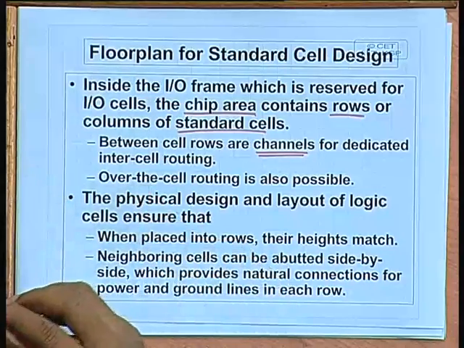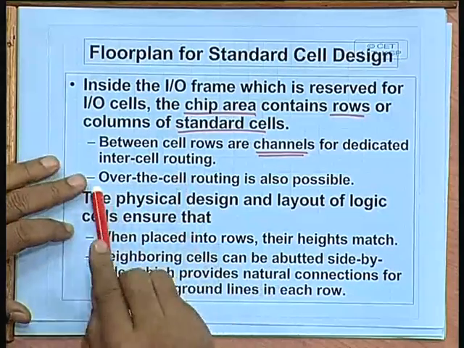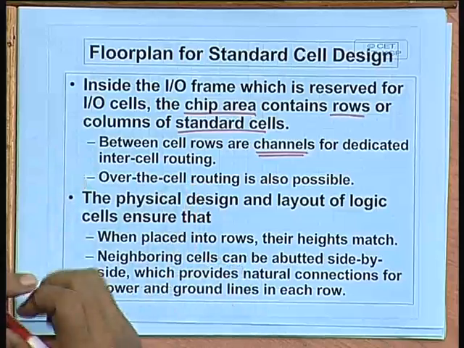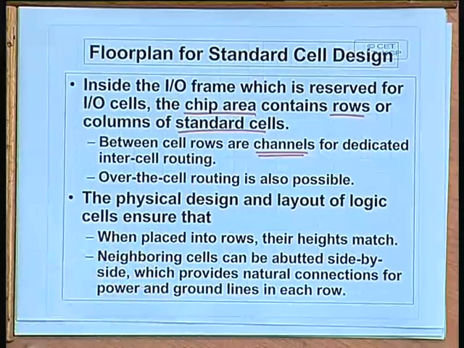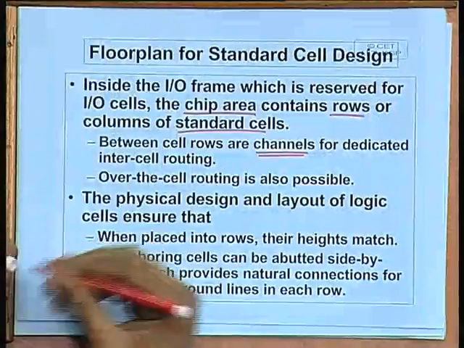And with some modern routing technology you can also have over the cell routing, where the place where you have the cells fabricated, the wires can also go over the cell for the routing. So, if it is on a separate metal layer, you can even take those metal layers over the cell for interconnection purposes. That saves the total area for routing, that we will see later. This is called over the cell routing.